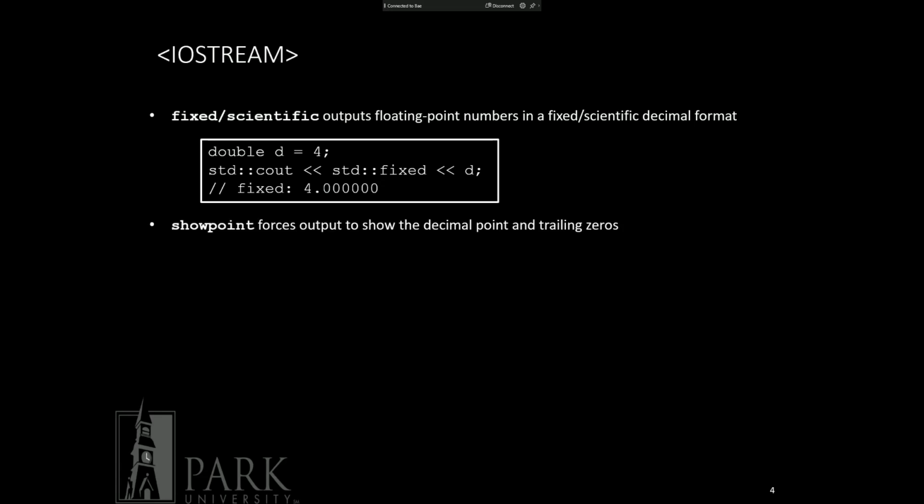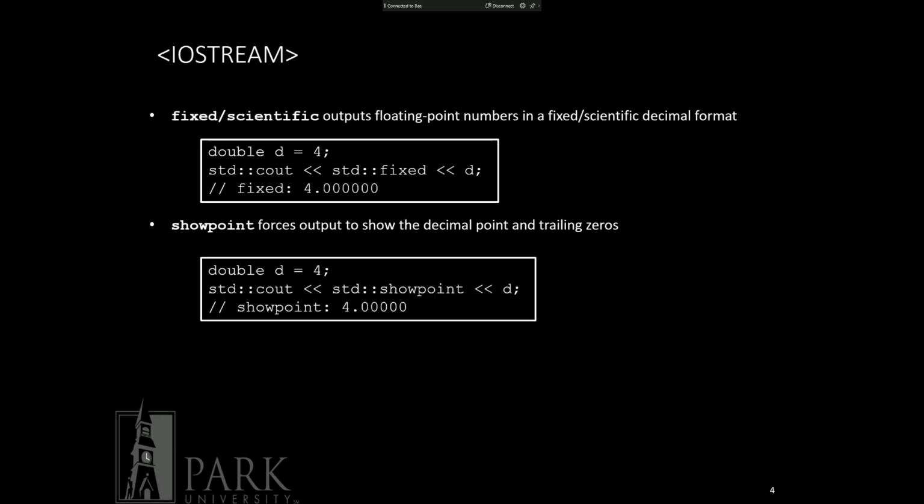And this is similar to showpoint, which forces output to show decimals and leading zeros. But there's a slight difference between the two, and it gets into how floating point numbers are represented between scientific and fixed. Now, if you have fixed, or if you have showpoint, it will force there to be decimals no matter what.